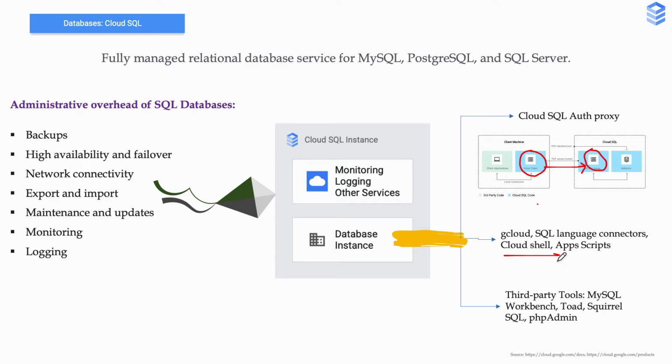And then you can access it from Apps Script as well. Apart from that, it gives you a very familiar way of connecting to Cloud SQL through third-party tools like MySQL Workbench, Toad, SQL, or in case of SQL Server with phpMyAdmin.